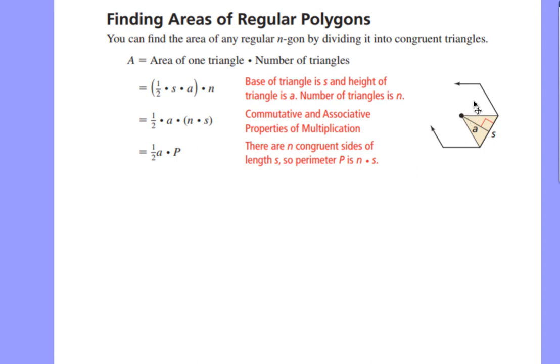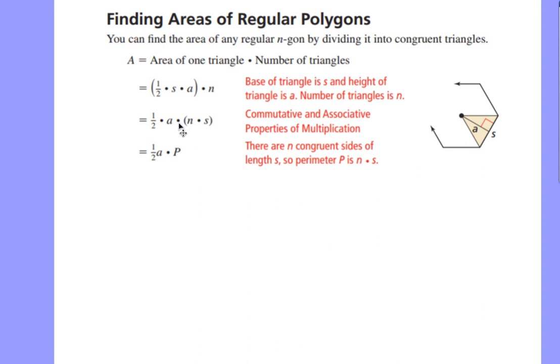And so if you can find the area of one of those triangles, you really end up finding all of the area you're looking for. So the area of a regular polygon is the area of one of the triangles created times the number of triangles that you actually have.